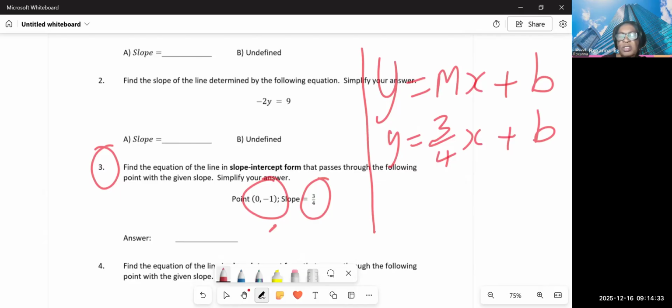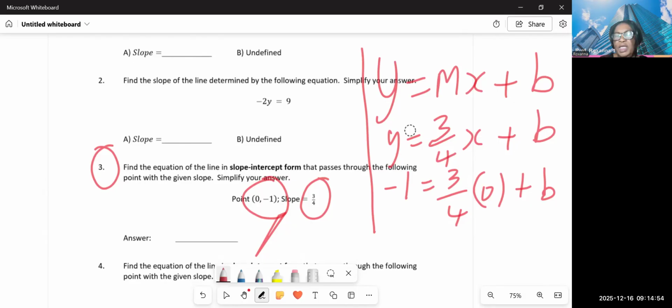The point is 0 for x and -1 for y. So when x is 0, y is -1. -1 is equal to 3/4 times 0 plus b. I'm trying to find b because I don't know b.